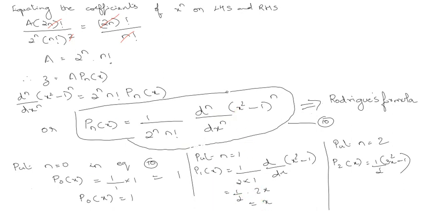Similarly, putting n is equal to 2, we can find P2(x). That will be 1 by 2 raised to 2 into 2 factorial into d square by dx square of (x square minus 1) the whole raised to 2. After differentiating and simplification, you will be getting 1 by 2 into (3x square minus 1).